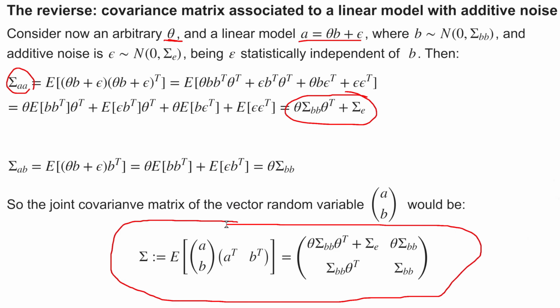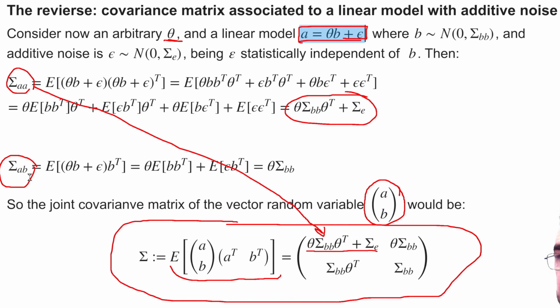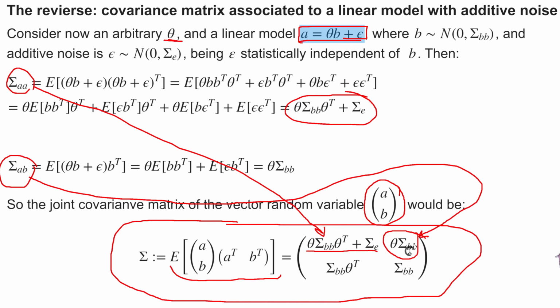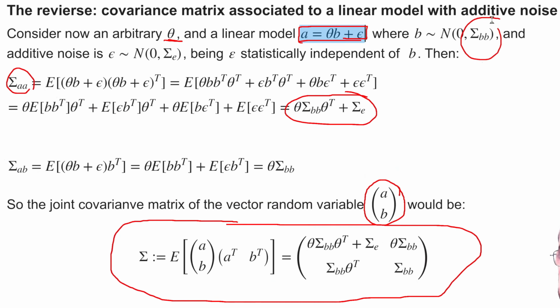So if I have a linear model with additive noise, like here, relating A and B, then the joint covariance matrix of the vector of random variables A, B column is this expectation, and here we have the variance of A, and in the non-diagonal elements we have a covariance transposed here and here, and last in here we'll have the variance of the input B to the model.